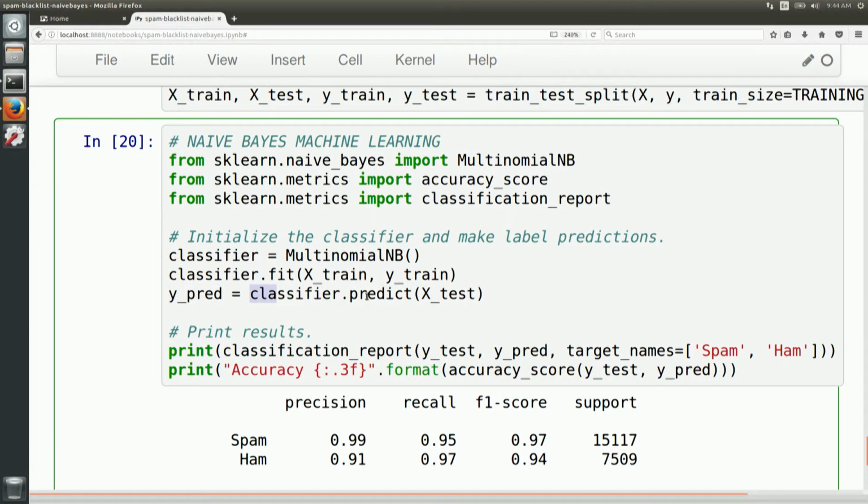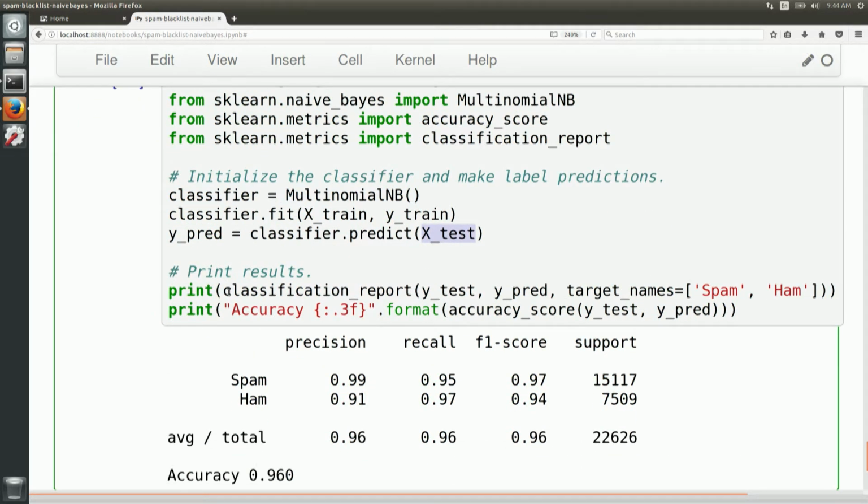So we can call yPredict here by calling classifier.predict and then feeding in the testing data set. And this will just give us the predictions for the test set. There are a few convenient functions that we can use to evaluate how well our algorithm performed. Classification report is very useful because looking at accuracy alone is a lot of the time not useful.